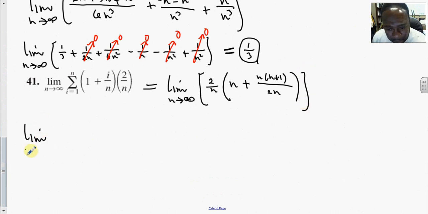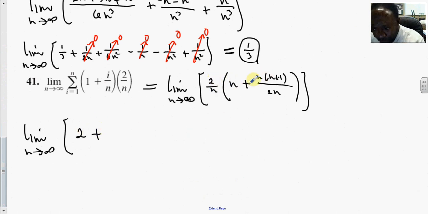So this is the limit as n goes to infinity. Here we have the 2 over n times n is 2, plus this 2 divided by that 2 cancels out. We have n squared plus n, and that's divided by n squared.